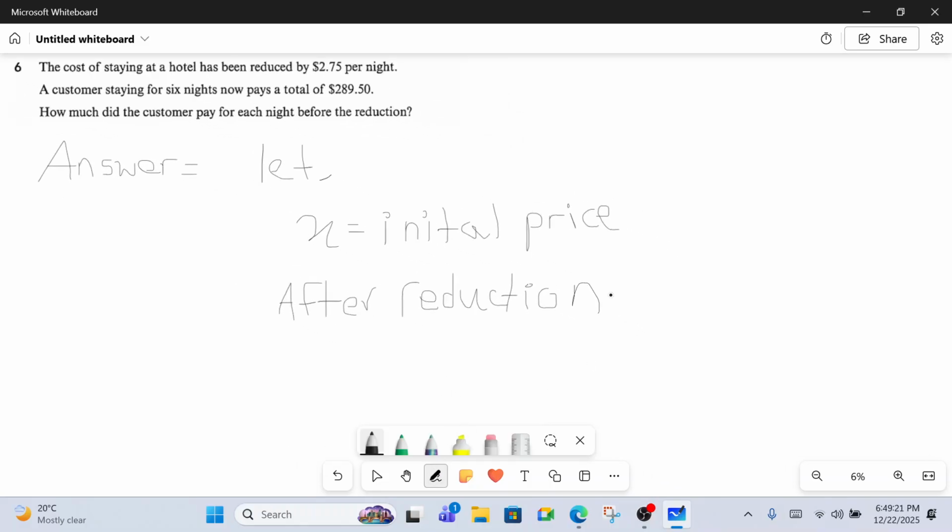So after the discount or reduction, the price for every night would be equal to x minus 2.75.